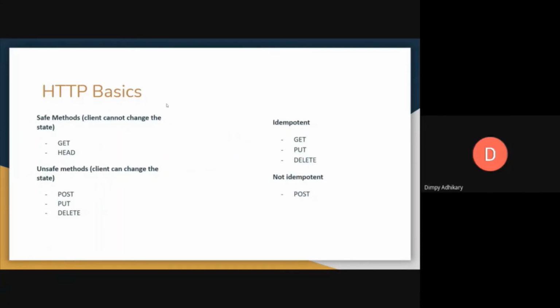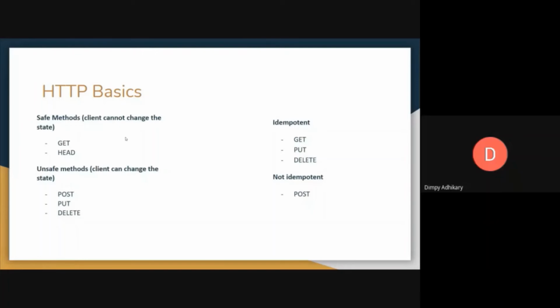So yeah, when you say HTTP methods, there is a concept called safe methods and unsafe methods. A safe method means the client cannot change the state of the object or resource. For example, you are doing a GET, right?